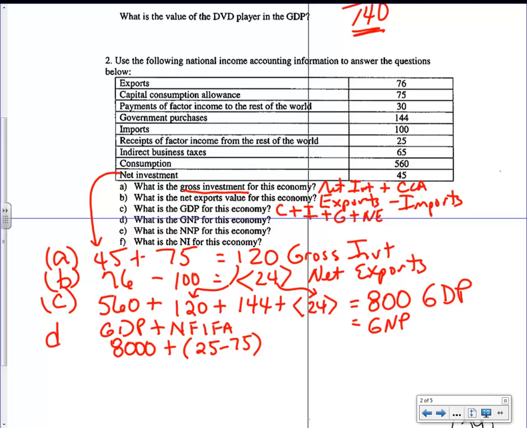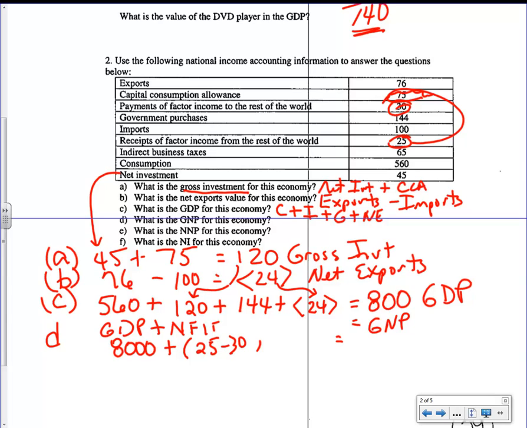So we made 25 in receipts, and 30 in payments. So 25 minus 30 will give us a negative 5.